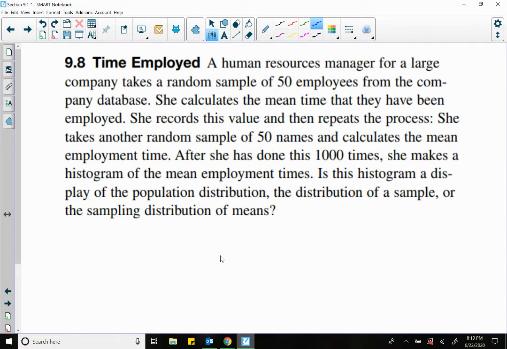Okay. So hopefully you said sampling distribution of means, because she's taking all of these means and she made a histogram out of them. Because if she went through all this work just to find the mean once and ignore the rest of the work she did 1,000 times, that's just silly.